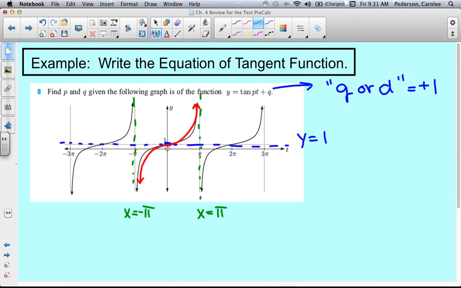How long is the period of this question? The period equals 2 pi. From my parent function for a tangent, my initial asymptotes were at negative pi over 2 and pi over 2. So this is a longer period. So we have to find out what is the b, or in this case the p of this question.